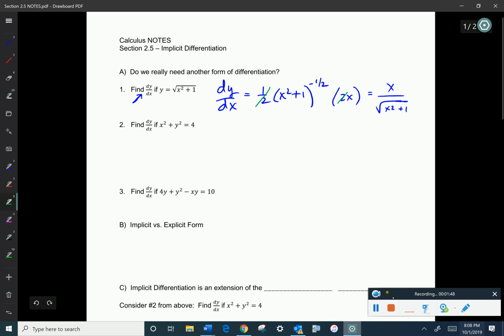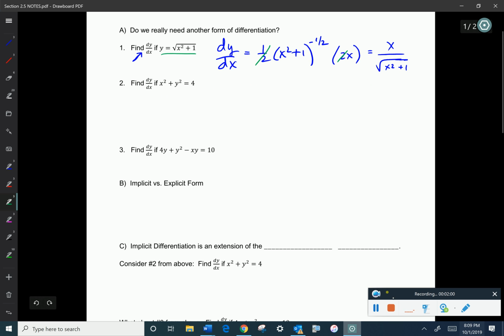And the idea is it doesn't matter if x's and y's are all mixed up, as opposed to what we're used to, like this one up here, where the y is by itself. So the way it works is, implicit versus explicit would be, implicit is when you have the x's and y's, it's not very technical, but I'm going to say all mixed up, meaning you could have both x's and y's on either side.